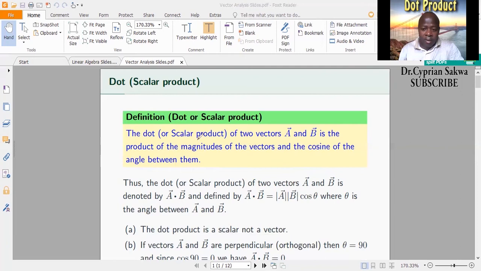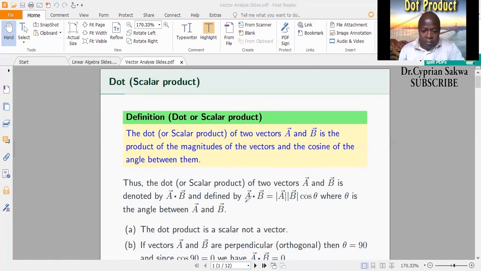And so from even the name, the dot product is a scalar and not a vector. It's a scalar and not a vector. And you remember those two terms, we defined them and gave the difference in our last video.